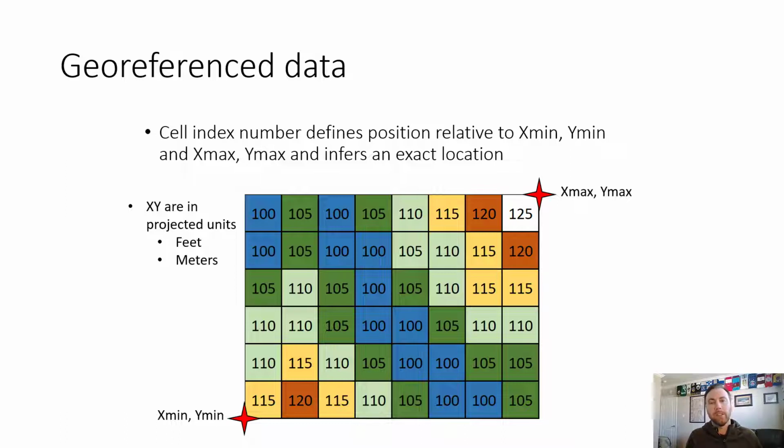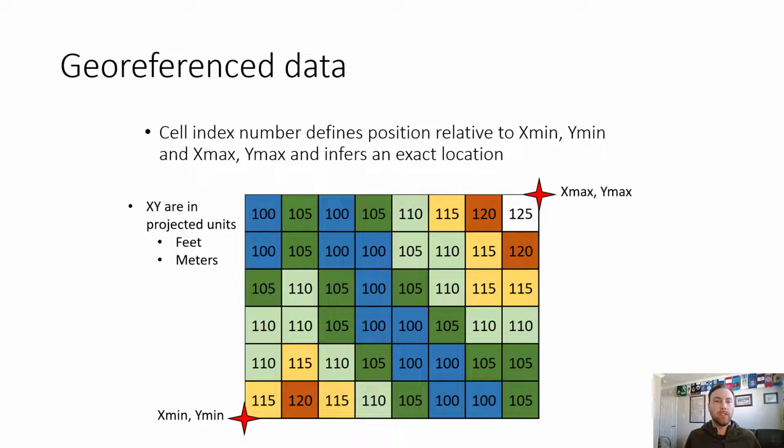So unlike vector data, where vector data are collections of xy coordinates, right? If you've got a line feature or a polygon feature, every node in that line or polygon has specific xy coordinates. That's vector data, and that's why vector data is really handy. It can be very spatially accurate and fairly small to create and to share. Raster data, on the other hand, is all about inferred location from a defined xy location, x-min and x-max, and everything in between is inferred.